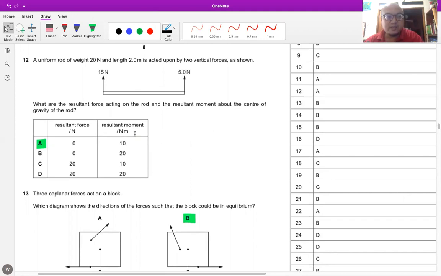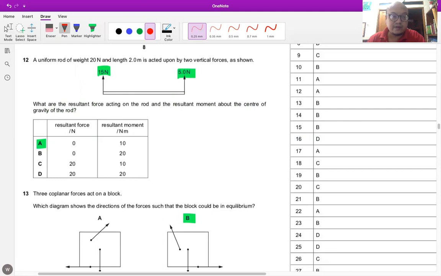A uniform rod of weight 20 Newton and length 2.0 meter is acted upon by two vertical forces as shown here. We have 15 and 5 Newton at different positions. What is the resultant force acting on the rod, and the resultant moment about the center of gravity of the rod?